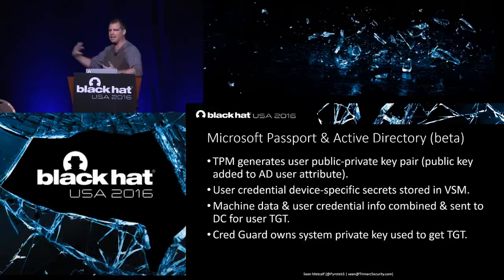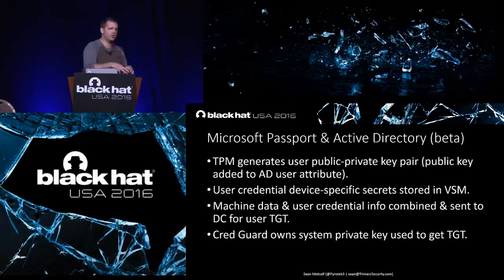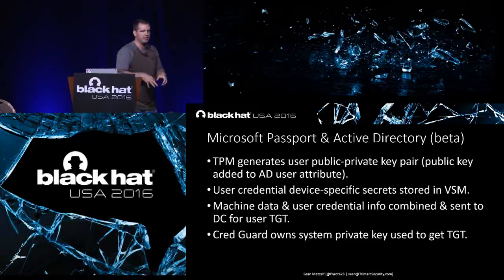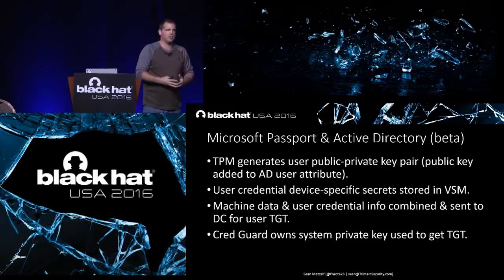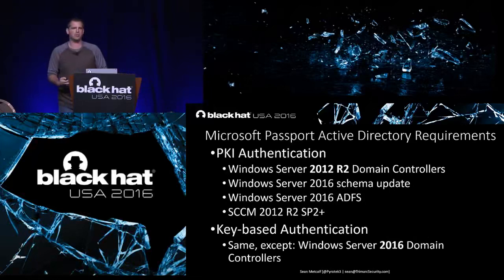And the machine data and the user credential information are combined and sent to the domain controller for the user's TGT, that ticket granting ticket or authentication ticket. And since Credential Guard owns the system private key to get that TGT, if you turn off Credential Guard, this whole process doesn't work. So Microsoft has really thought through this, and again, when this comes out in a few months, we'll get a much better idea what this looks like.